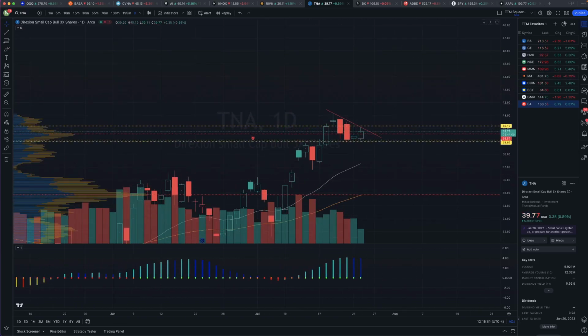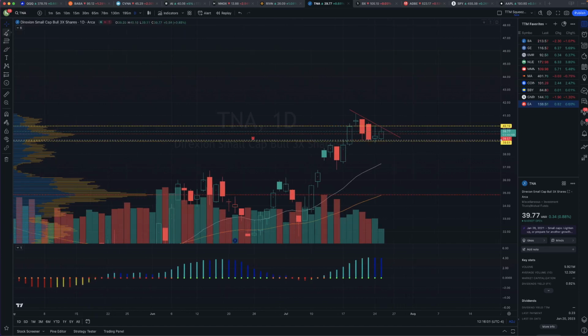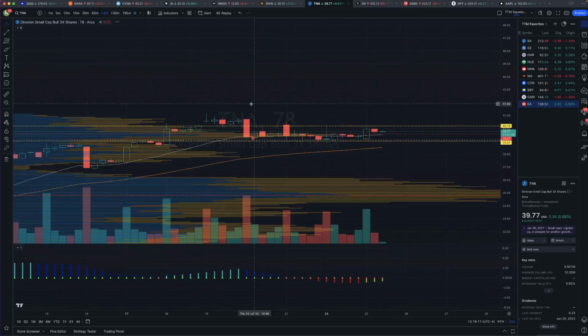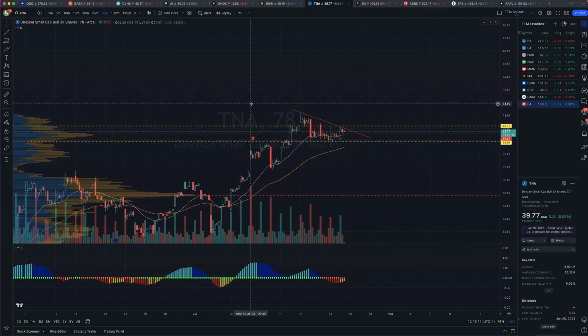I mean, you can still play this. Small cap bull, 3 times shares, 3x shares. That's interesting. Well, it has weekly options on it, so you can still play it, but it's not an actual stock.